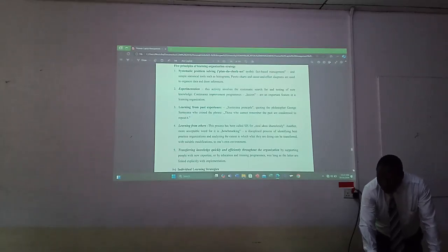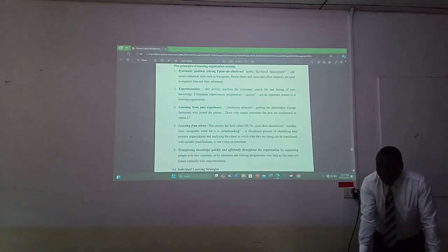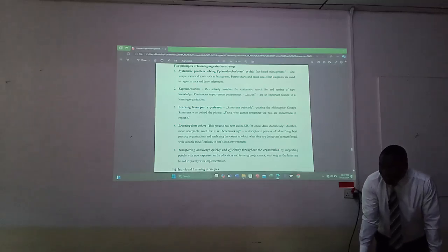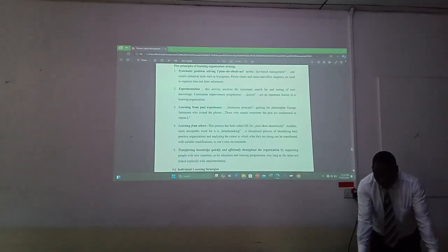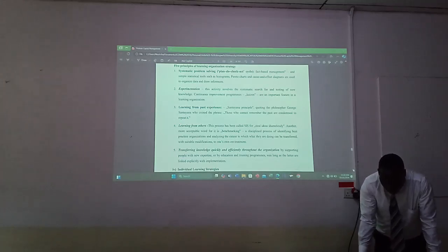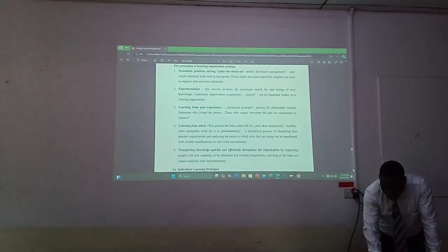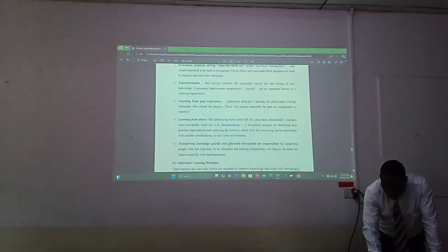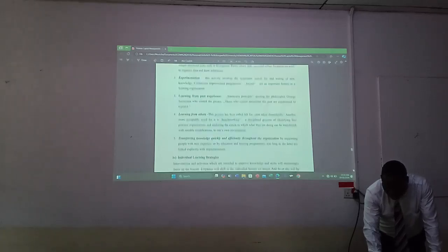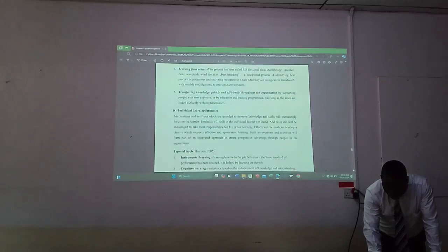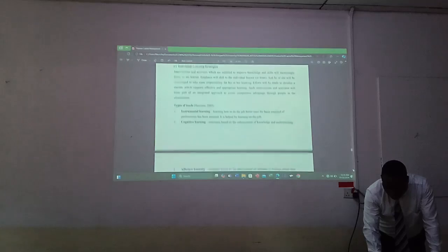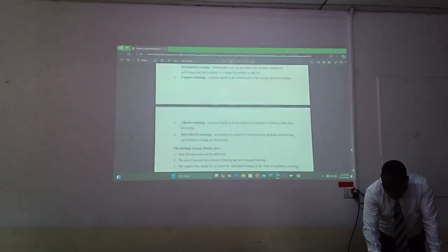Learning from others, you can also learn from other people. You know, like in class here, you cannot just learn from the teacher, you learn from each other. Transferring knowledge quickly and efficiently throughout the organization, that is also part of learning organization. Good. Let's move on.